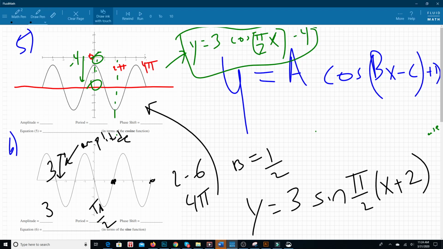Right? The last one, we know the amplitude again is going to be 1 over 10. The period is going to be what? It's going to be pi. The period is going to be pi.